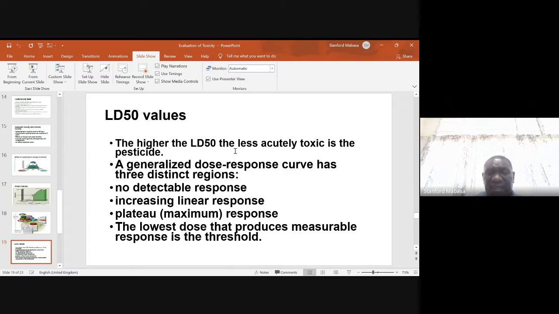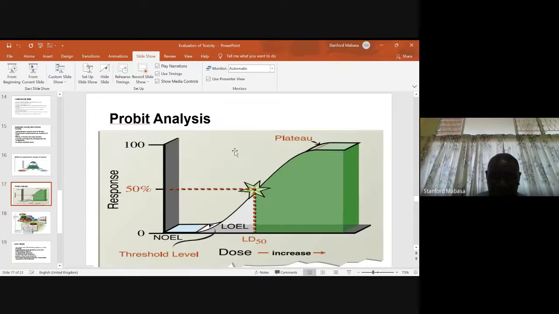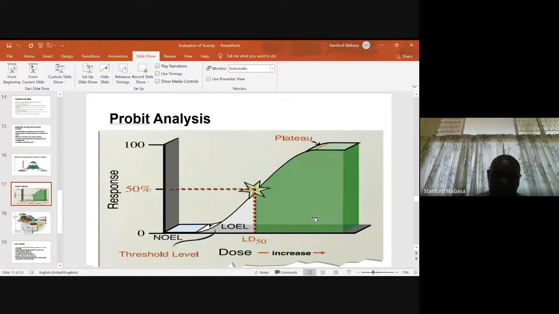Now, in a generalized dose response curve, we have got 3 distinct regions. No detectable response. This is the no detectable response. We have got an increasing linear response. The increasing linear response is this region.